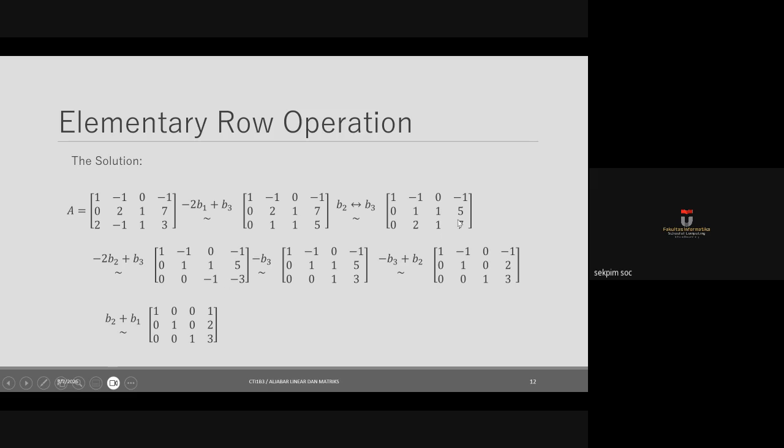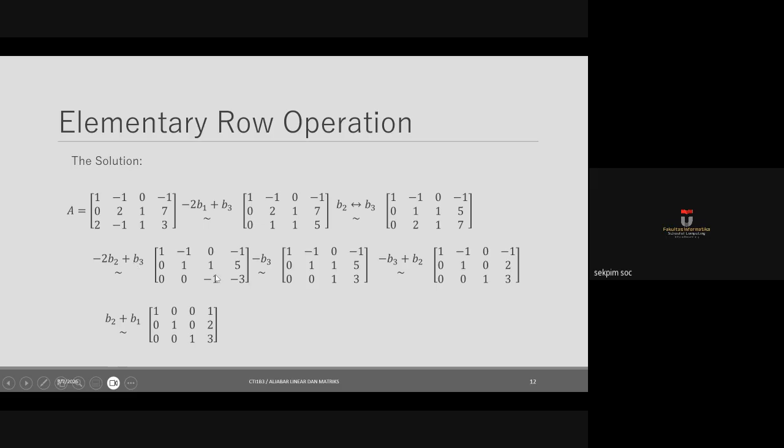Next we have 7. 7 plus -2 times 5. -2 times 5 is -10. -10 plus 7 is -3. Okay, so we have this here, right? This is what we want.